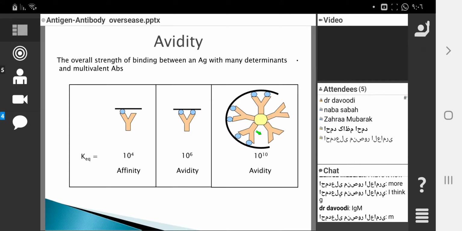It means that it is a pentamer. But this one is a monomer, like IgG. So this one is a monomer, for example IgG, but this one is a pentamer, it is IgM. Any questions?